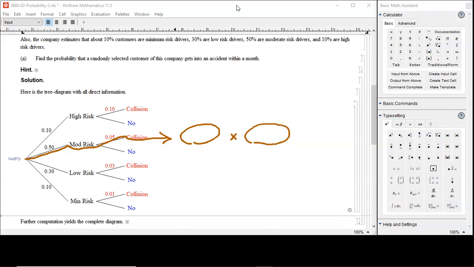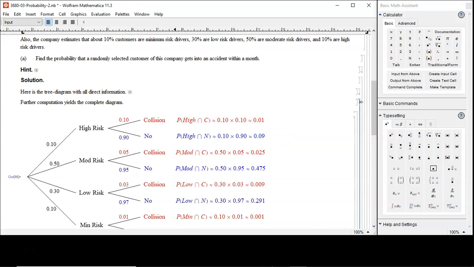For example, if you're following this path, this times that. Remember, tree diagrams are all about multiplication rules, and you have to do this for each collision. There are 4 of them. So this is what you get.